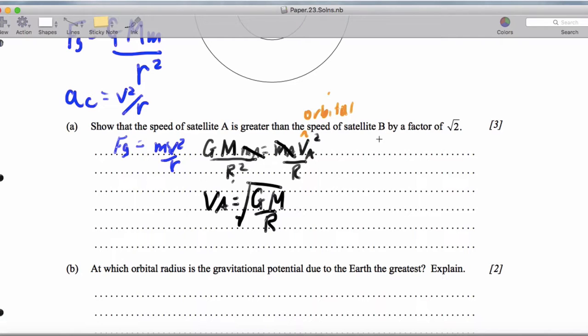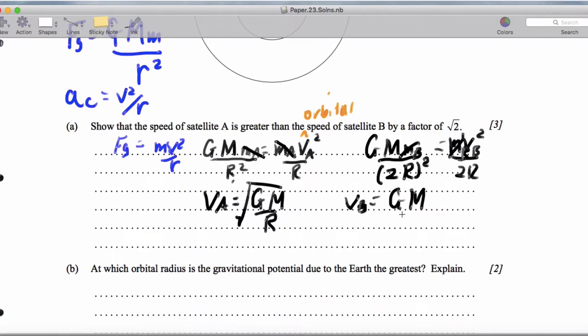Now let's do the same thing for satellite B. G, mass of Earth, mass of B, over 2r quantity squared, and the effect is mass of B times v of B squared over 2r. We're going to have a bit of cancellation. Mass of B cancels here and here. And we're going to end up getting that v of B is GM over 2r under a square root when we cancel everything.